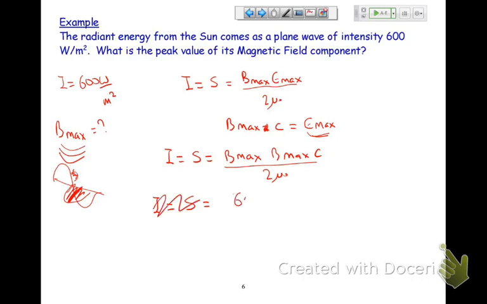So 600 is equal to S, which equals Bmax squared times 3 times 10 to the 8 over 2 mu naught.